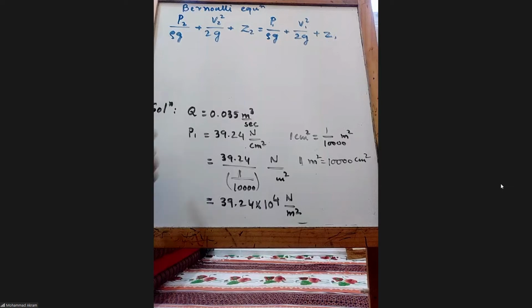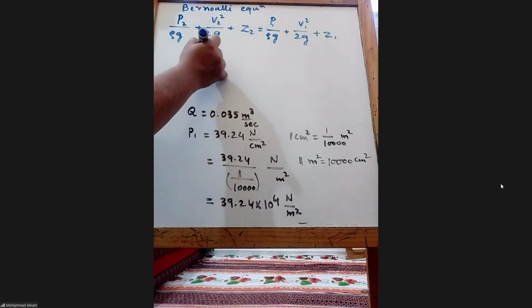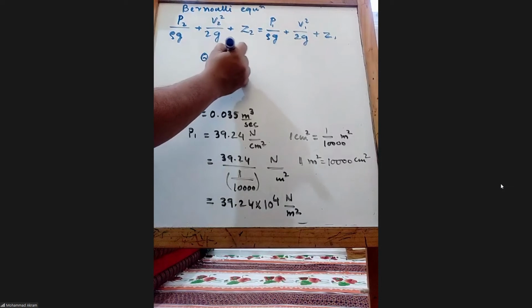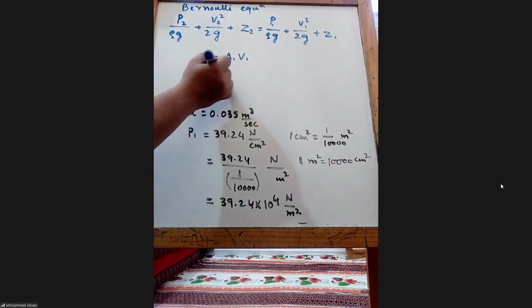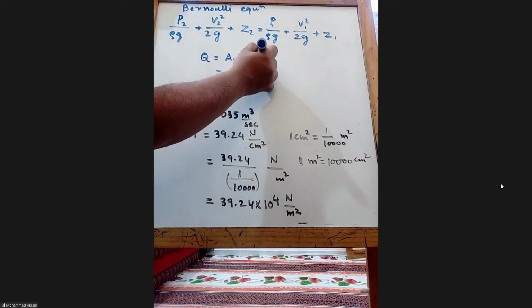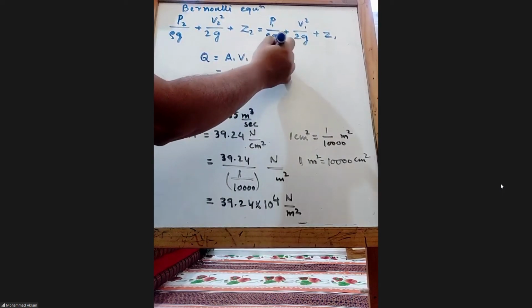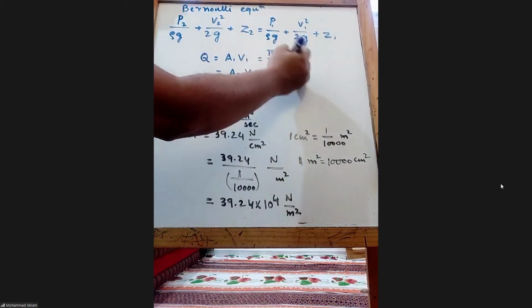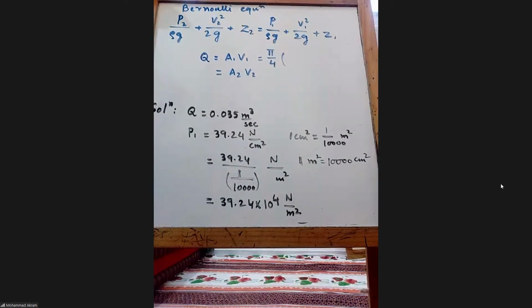First of all, remember Q is given, right? So you can get V1 and V2. Q is equal to A1 V1 and it is also equal to A2 V2. What is A1? Pi by 4 D1 square.